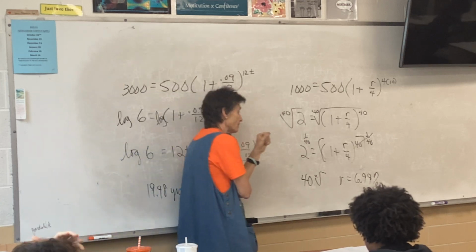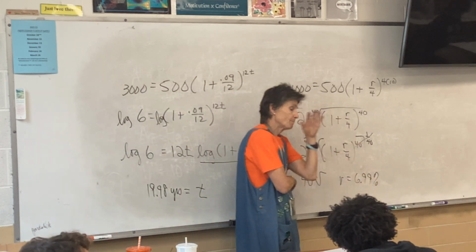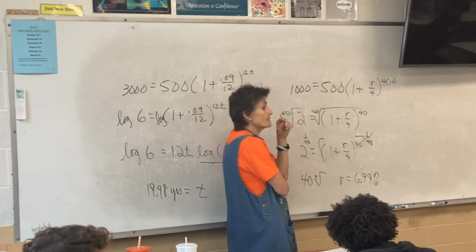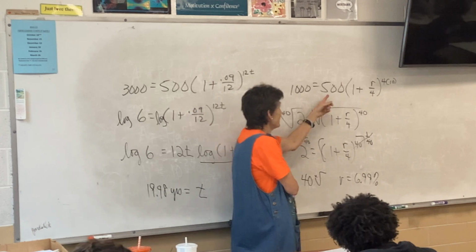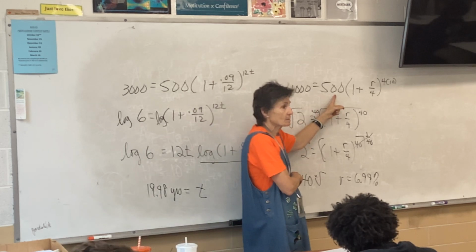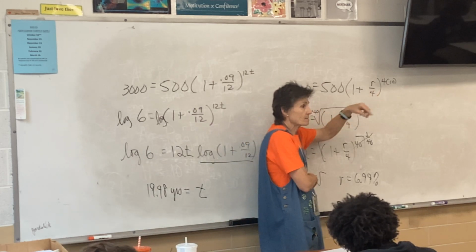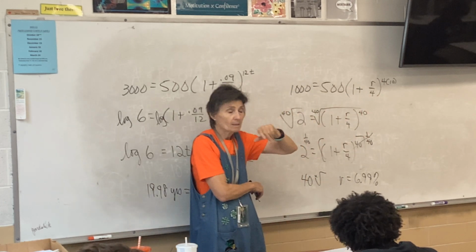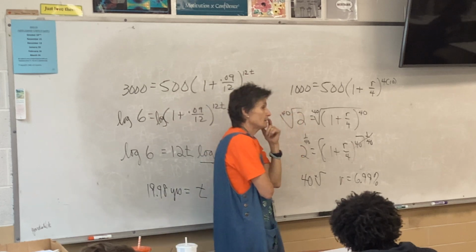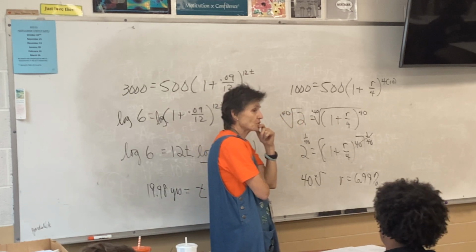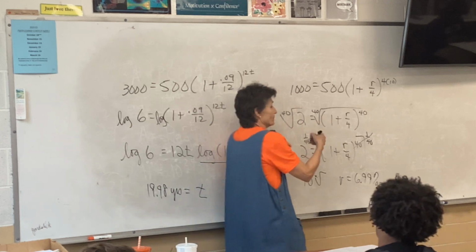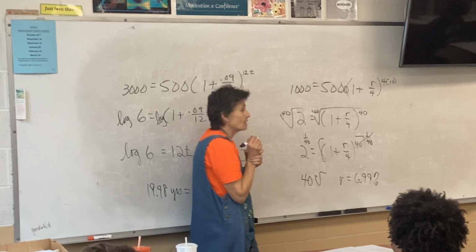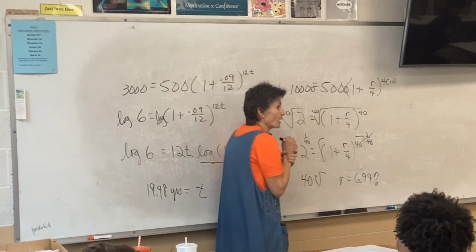Now, this is the interest rate that was required to double an investment of $500 in 10 years, compounded quarterly, right? What if this guy had started out with, I don't know, $5,000? Then the double would have been 10,000, right?